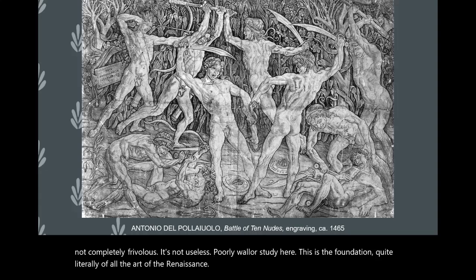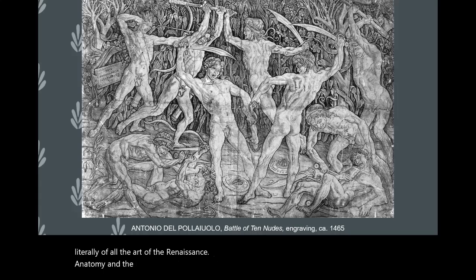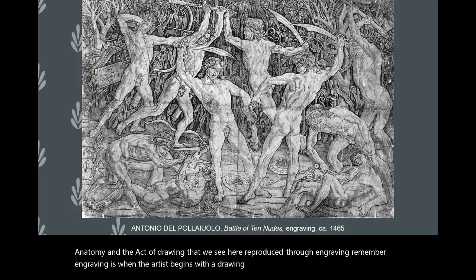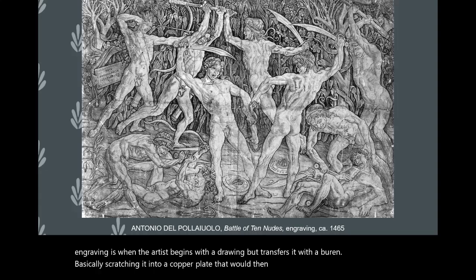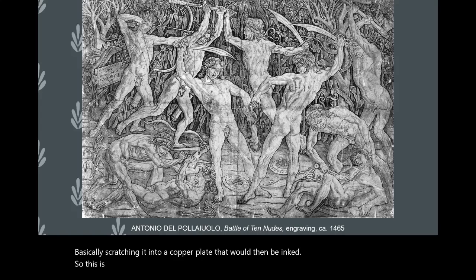Anatomy and the act of drawing that we see here reproduced through engraving. Remember, engraving is when the artist begins with a drawing, but transfers it with a burin, basically scratching it into a copper plate that would then be inked. So this is the paper that has been pressed onto the plate. Everything that is black, it's not solid black.